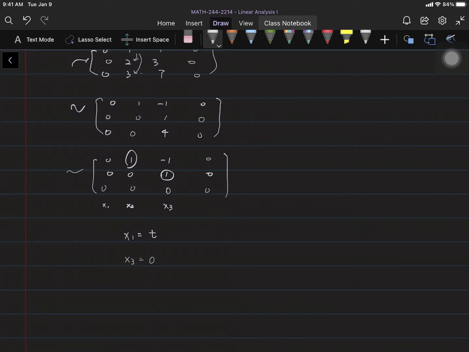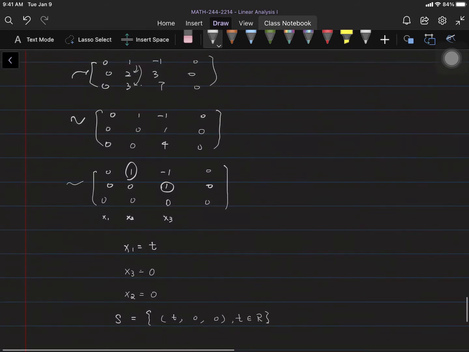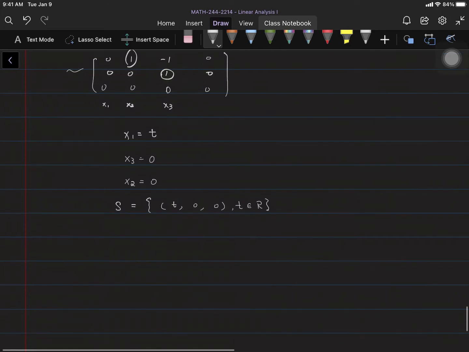If we look at the first row, x2 equals x3, so it also equals 0. So the solution set should be x1, x2, x3 equals t, 0, 0, where t belongs to R, a free variable. So this system has infinite solutions.